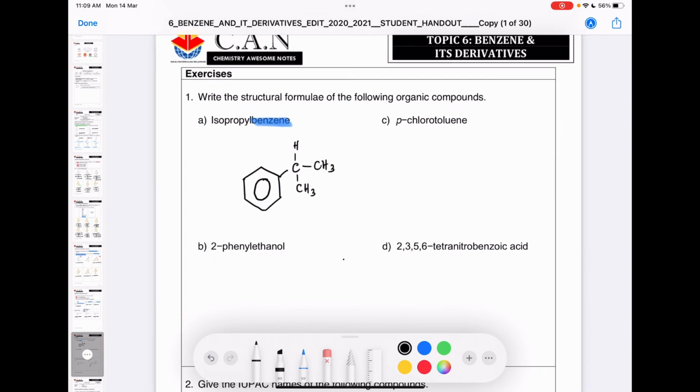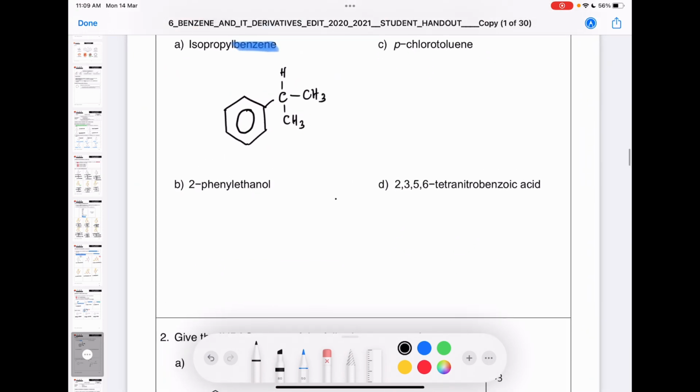Next, B, 2-phenyl ethanol. The parent chain here is ethanol, so we draw ethanol, CH3, CH2, OH. However, we have phenyl as a substituent there.